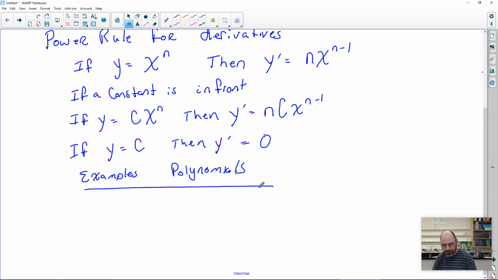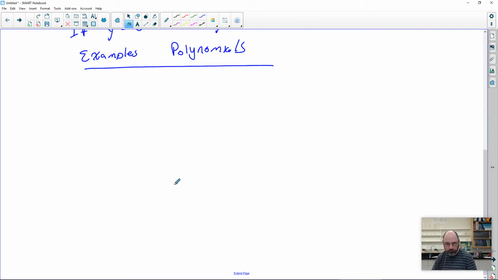If I had y equals 3x to the power of 7 minus 4x to the power of 5 plus 2x minus 8.